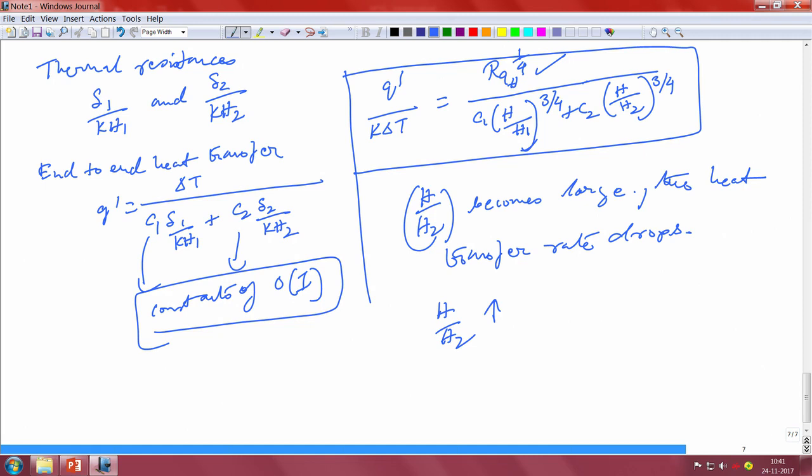That gap you are creating between the two, the upper partition gap, is decreasing, so your heat transfer rate decreases because the total area available for natural circulation goes down. That is the reason this happens.